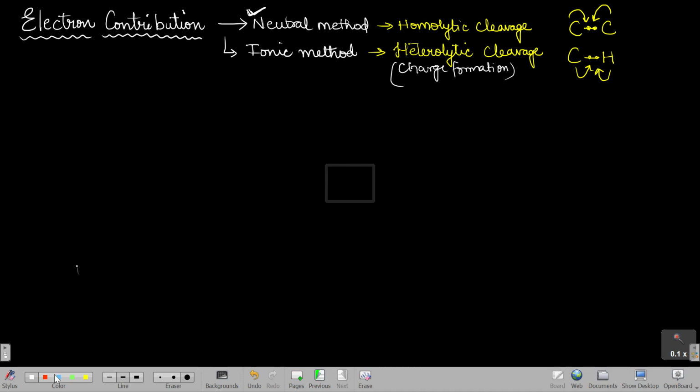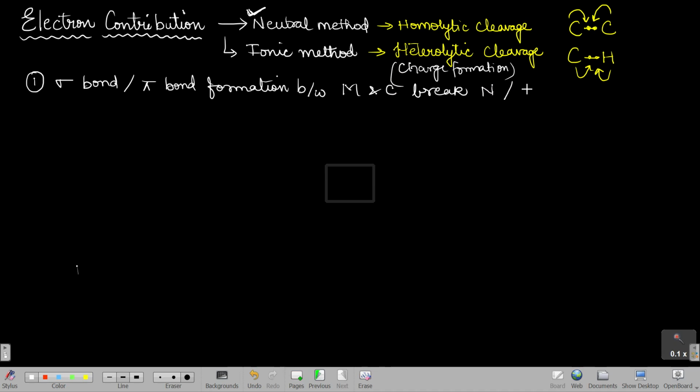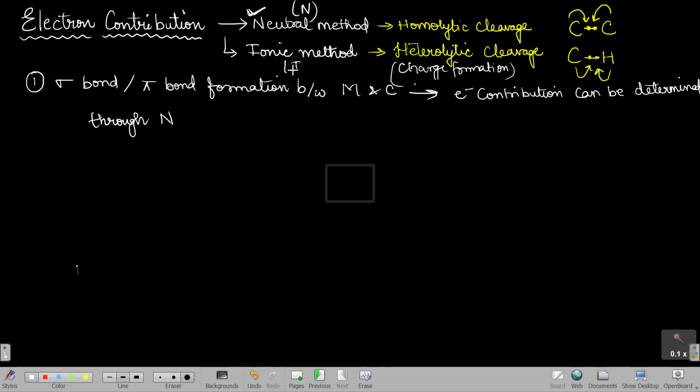Okay. Now whenever you have a sigma bond formation, the first rule here is that whenever you have a sigma bond or pi bond formation between metal and carbon, the electron contribution can be determined through the neutral method, which I will denote by N, or the ionic method, which I will denote by I. So neutral method or ionic method.